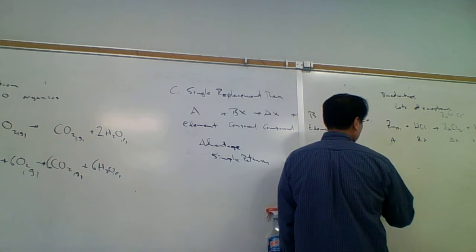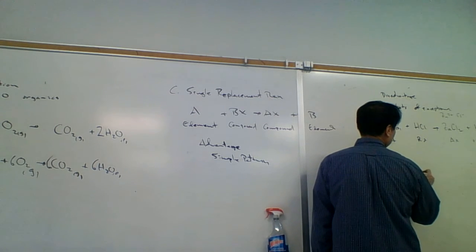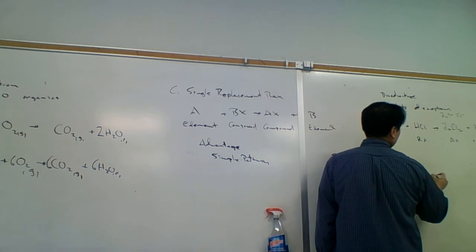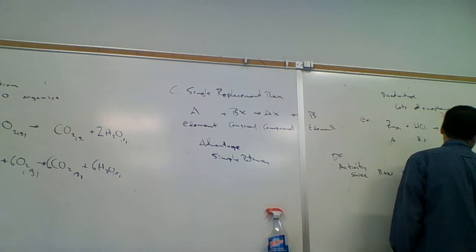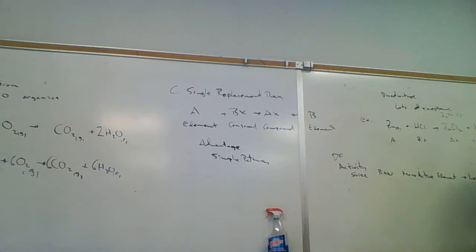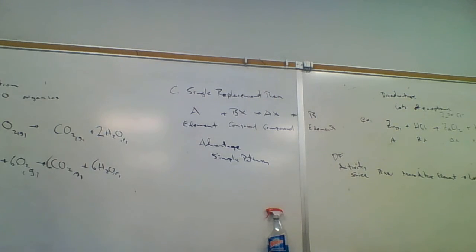And so we get reaction if we go from more active element to less active element. If we go from less active to more active, then there's no reaction, there's no driving force.